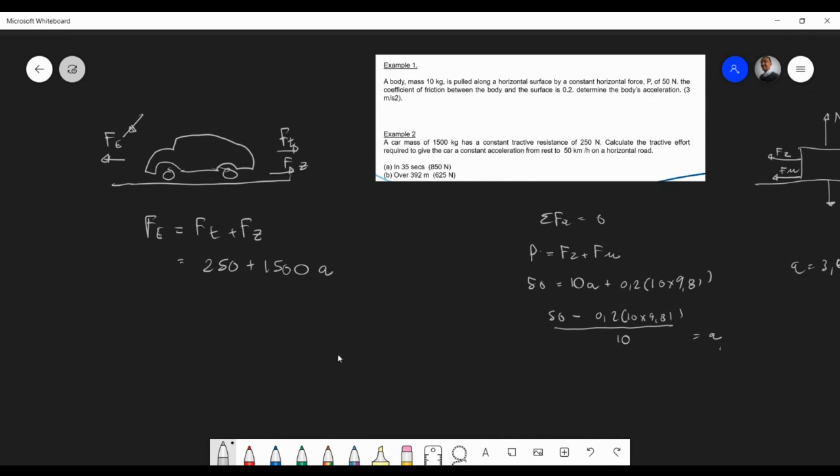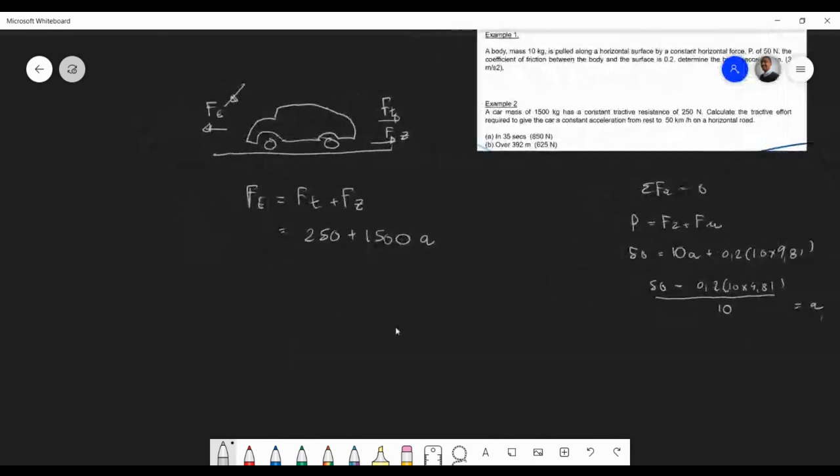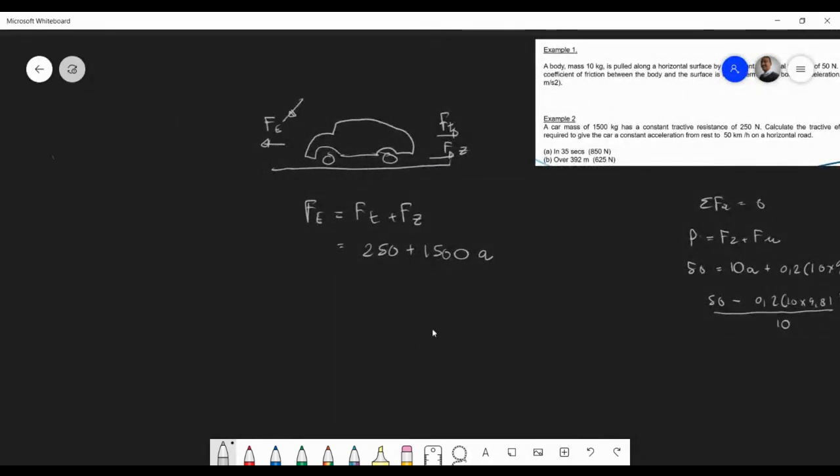So we have to go to our old school Newton's laws of motion, and we can use V equals U plus AT. The velocity is, of course, we have to convert this now into meters per second. I hope you guys can do that. 13.89 equals U, which is 0 because it's from rest, plus we're looking for A, in 35 seconds.